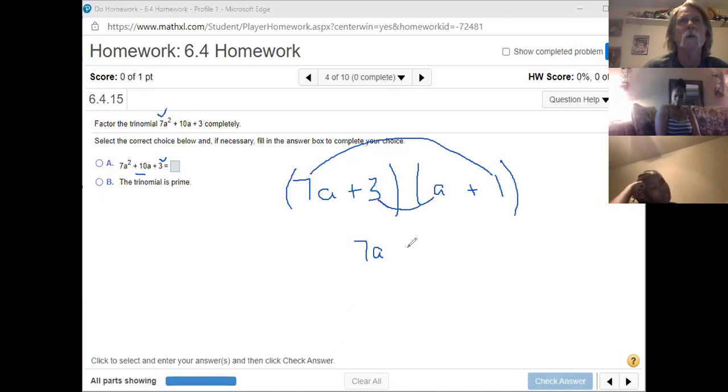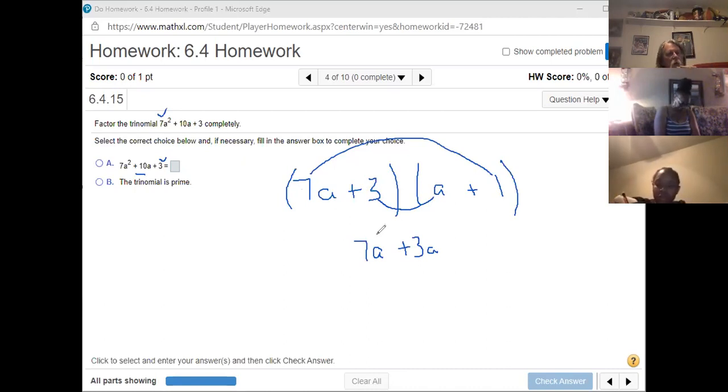Then you come here and you get 3a. And that gives us our 10a. So 7a plus 3 and a plus 1. There's no easy fix to it if you know your multiplication tables.